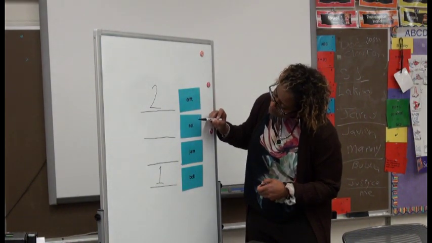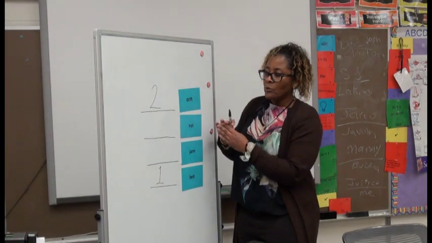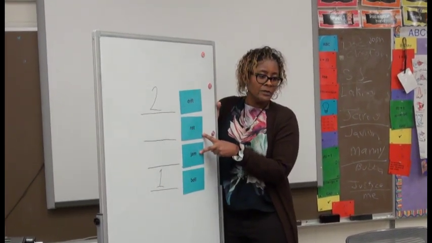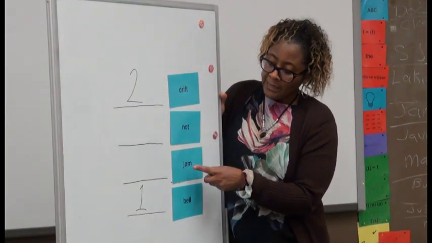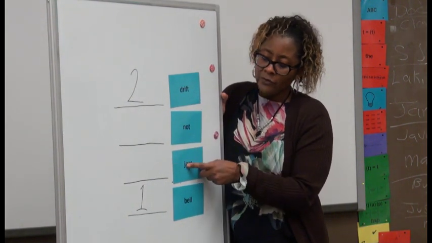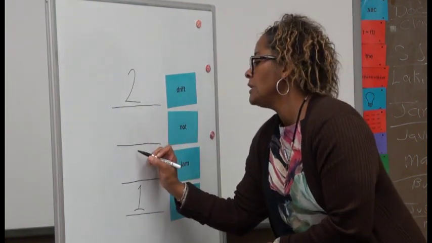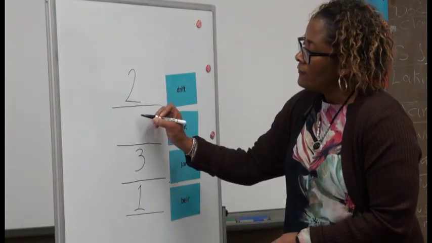E, F, G, H. Matter of fact, guys, we have 2 left, so let's do it this way. Does J come before or after N? Before. So we will say that is 3, and so the N would be 4.